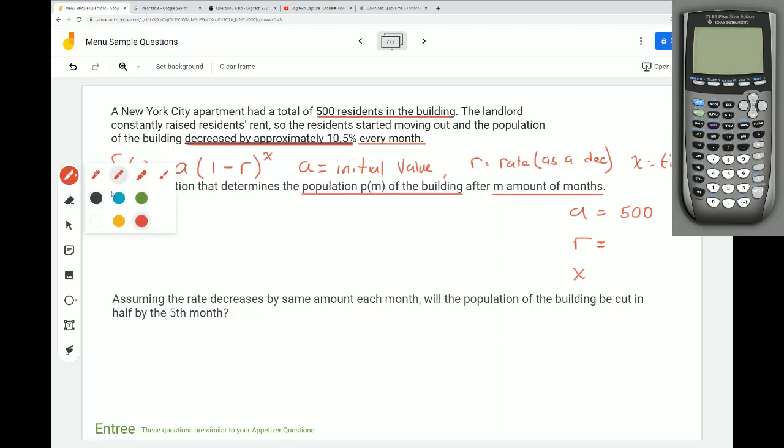So we see that we're decreasing at approximately 10.5%. And I'm going to circle this percentage right here because I don't want to write that R as a percent. I want to write it in its proper decimal form. So I got to remember that I have to take this 10.5% and turn it into its proper decimal form.